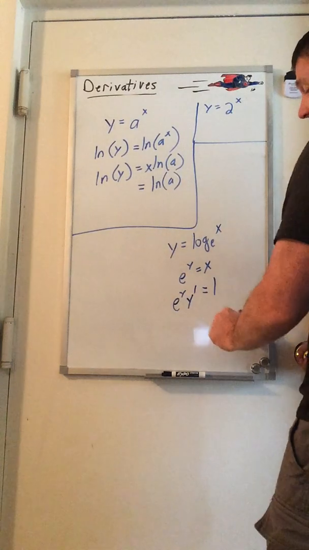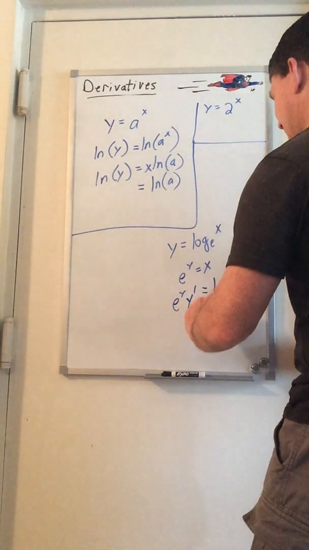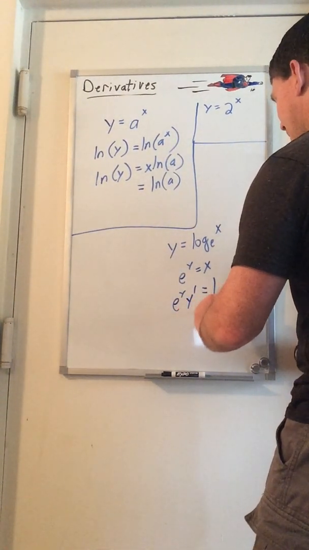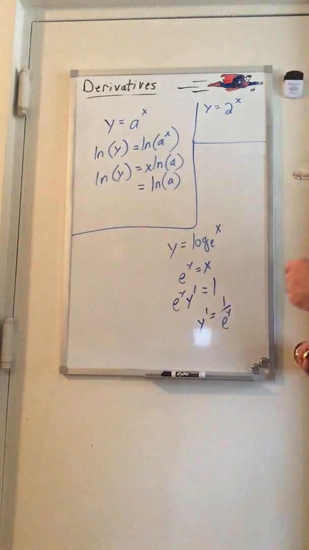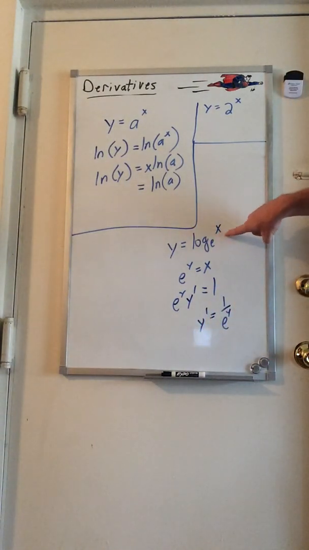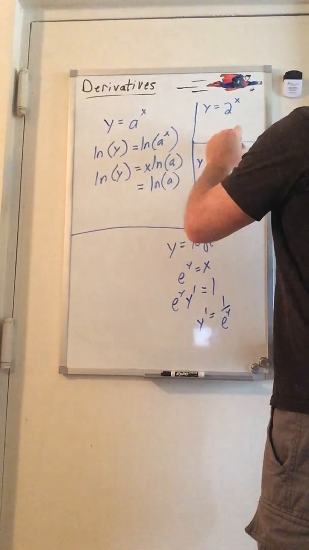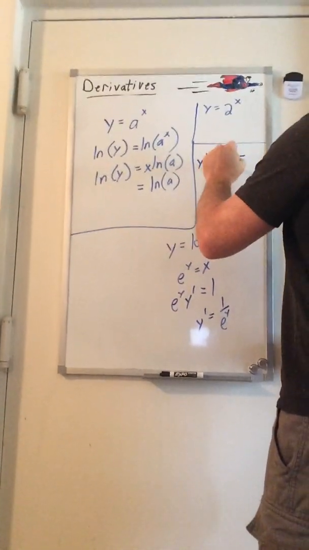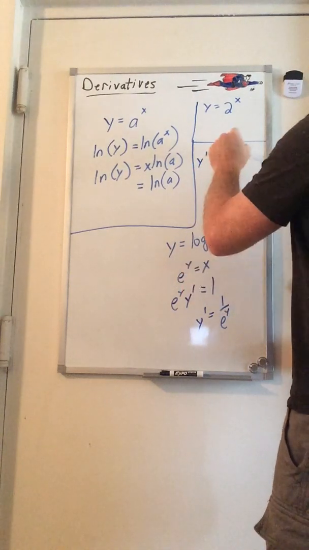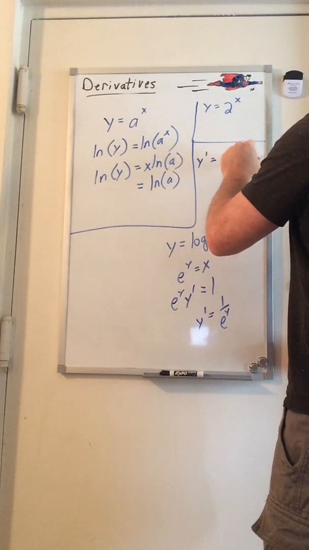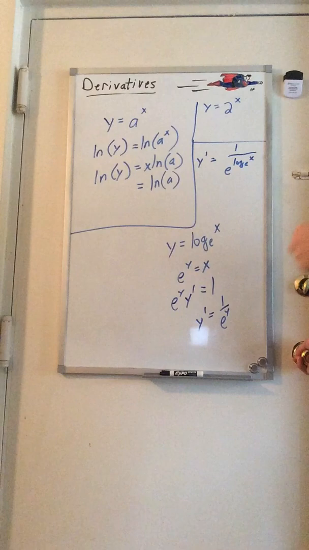Now, to get y prime, divide by e to the y. I get y prime equals 1 over e to the y. y is log base e of x, so I end up getting y prime equals 1 over e to the log base e of x.